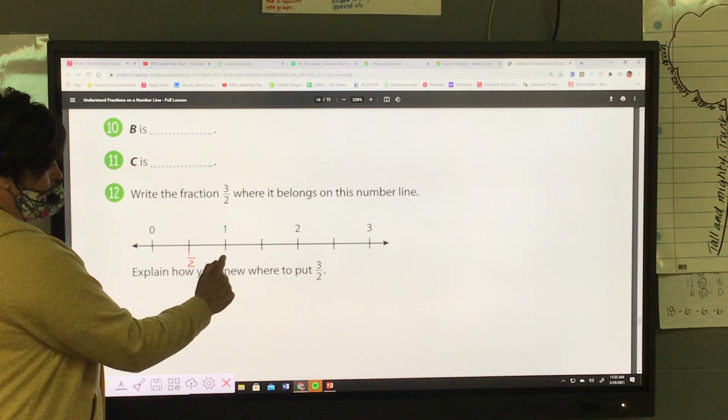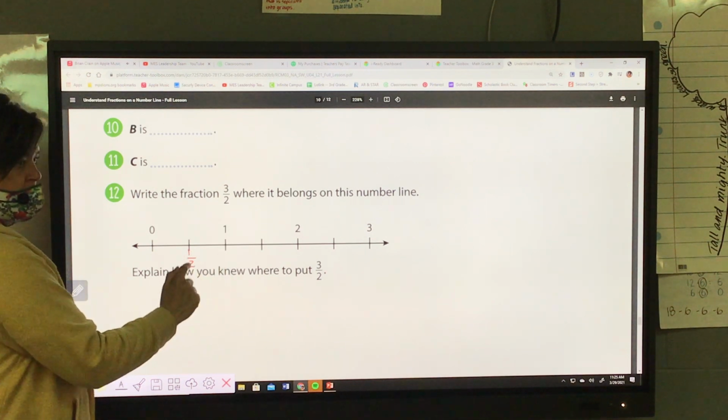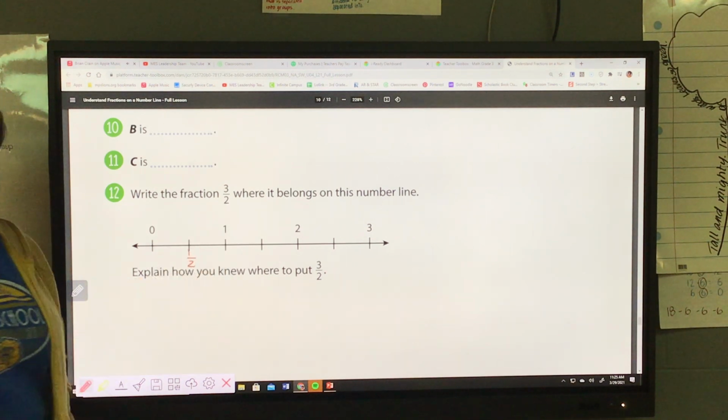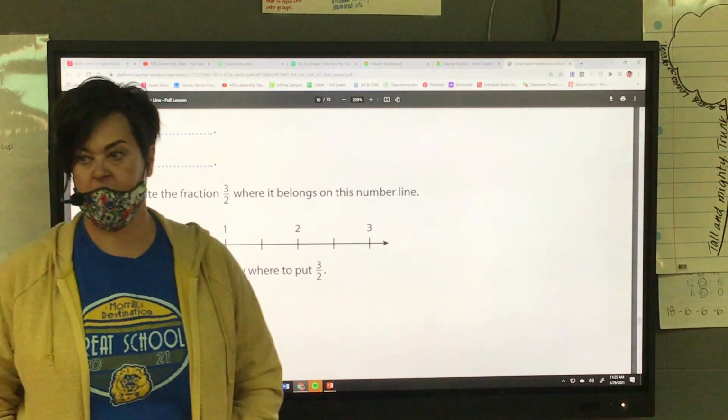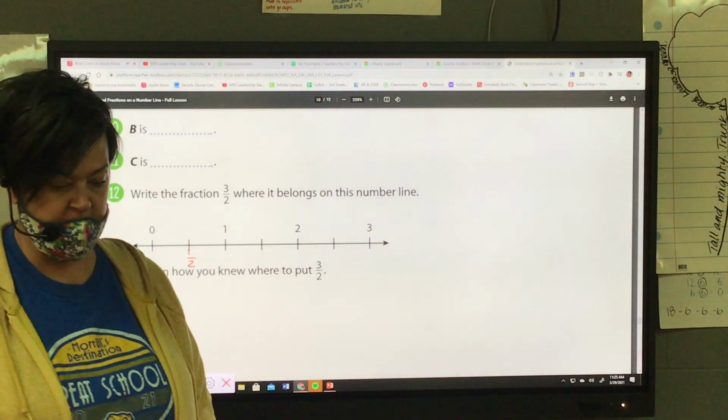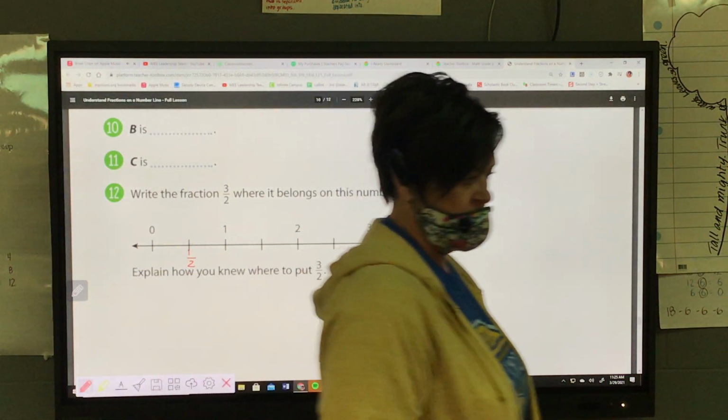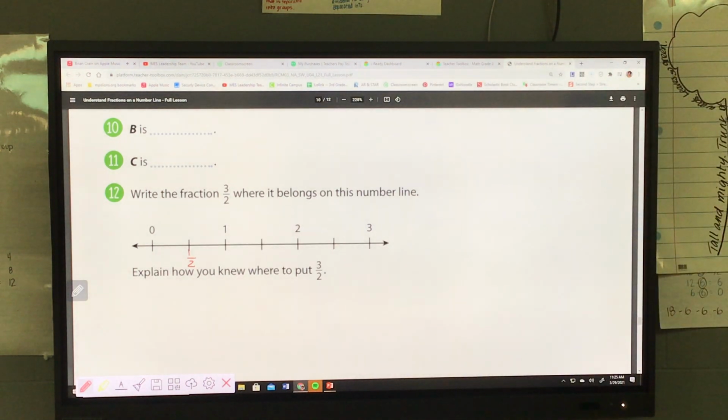What would this next one be? 2 halves. Can you figure out where 3 halves would be? Yes. Label it if you haven't already. And then explain how you figured out where to put 3 halves.